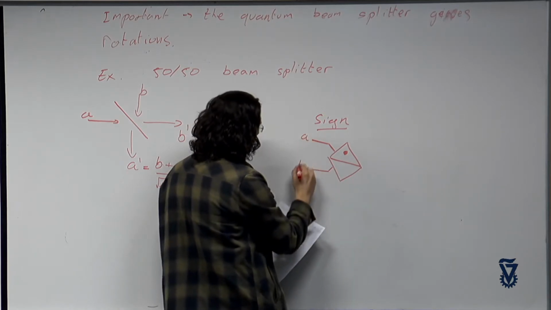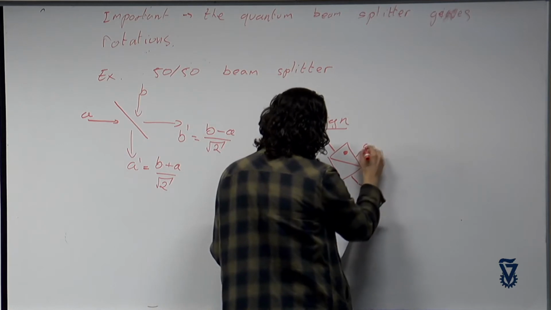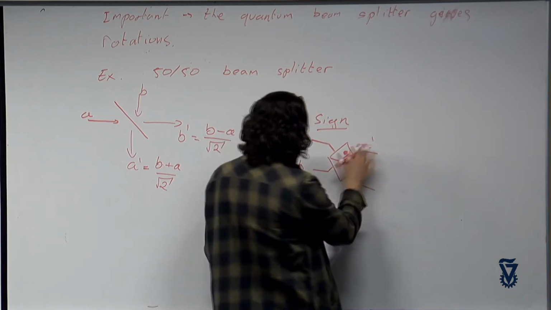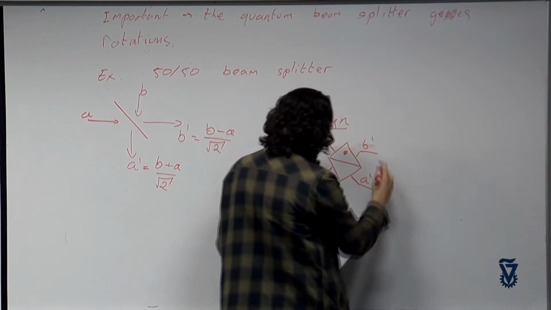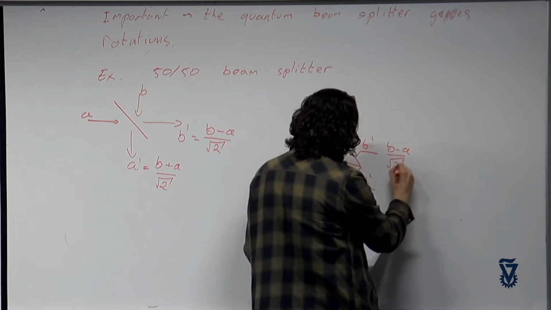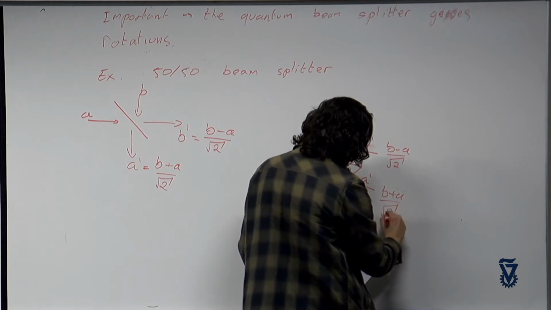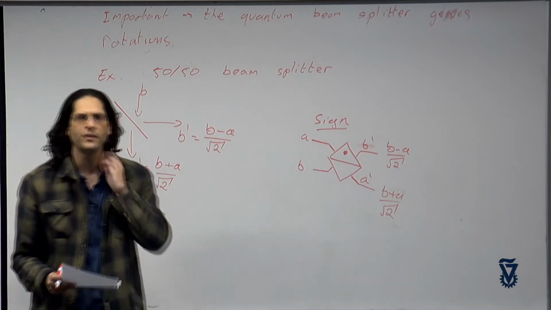So this is A and B incoming, and this is B prime and A prime, the way I marked it. And this is B minus A over square root of 2 and B plus A over square root of 2. Okay, so the dot here symbolizes where you would put the minus.